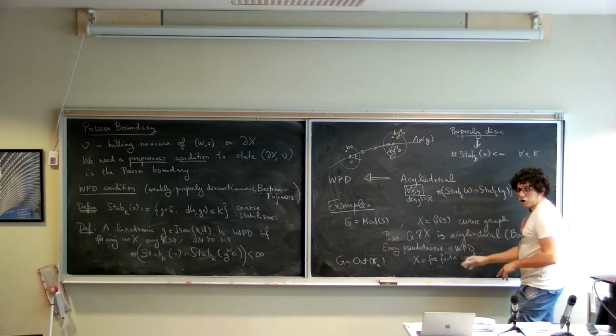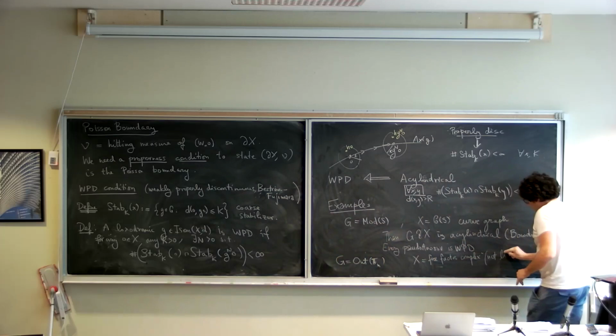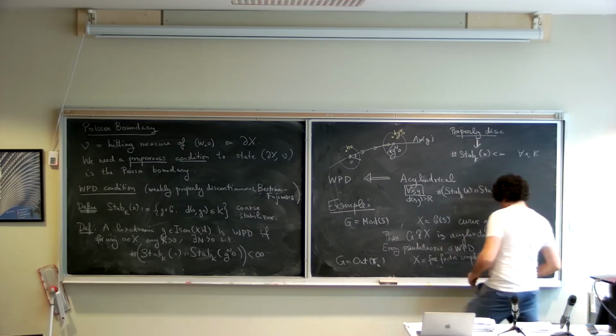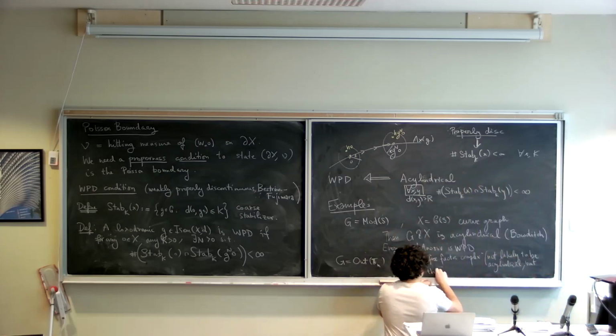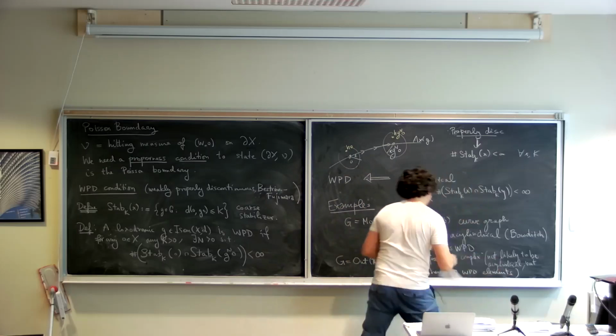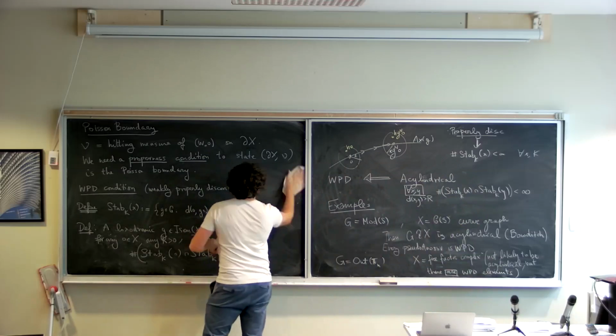I don't think we know that the action is acylindrical, and likely it's not acylindrical, but there are WPD elements. So in fact, the most recent paper has the following very general statement. So let me say it.